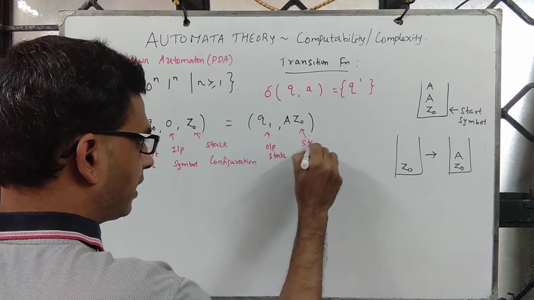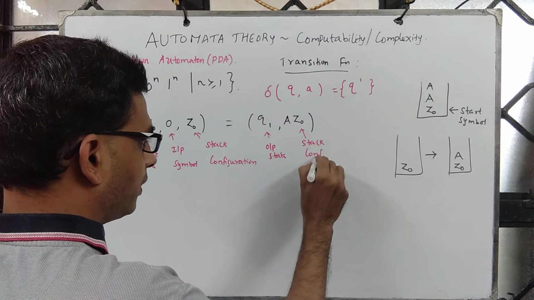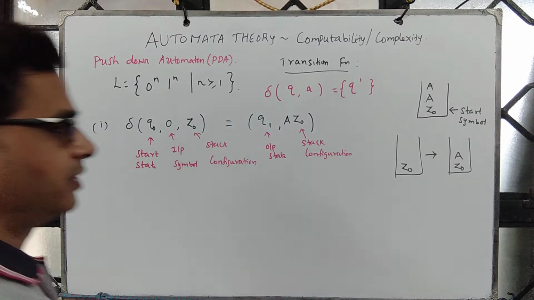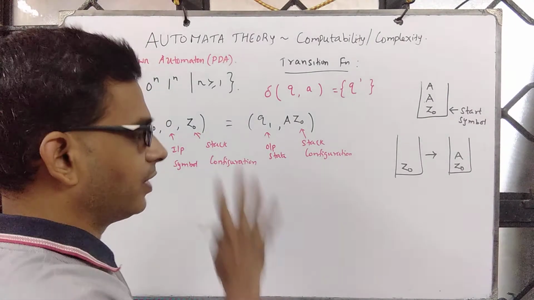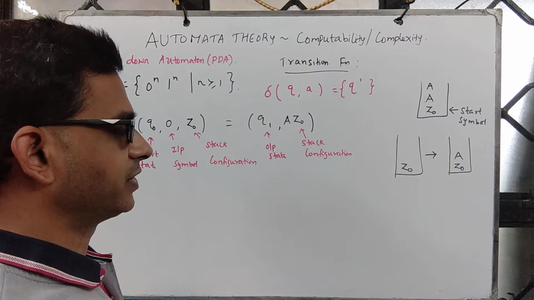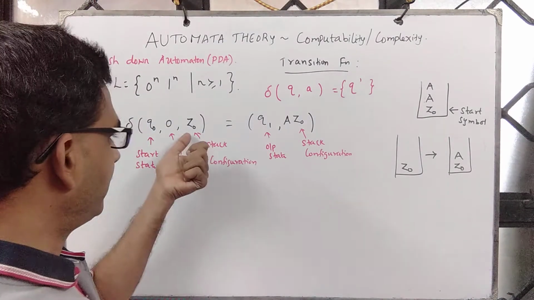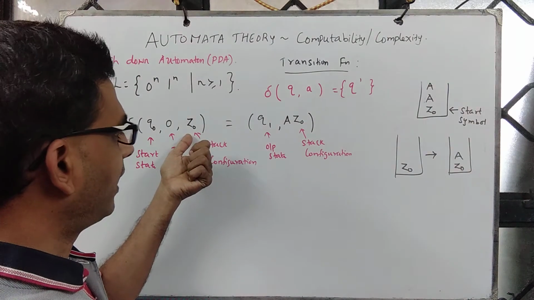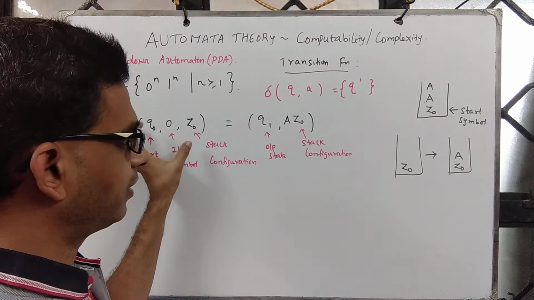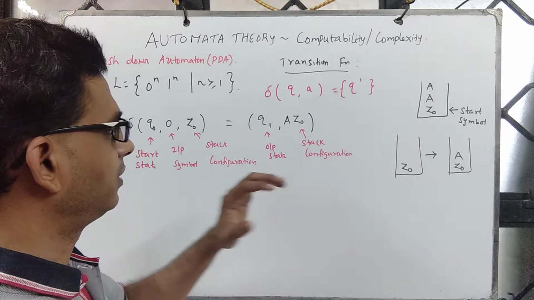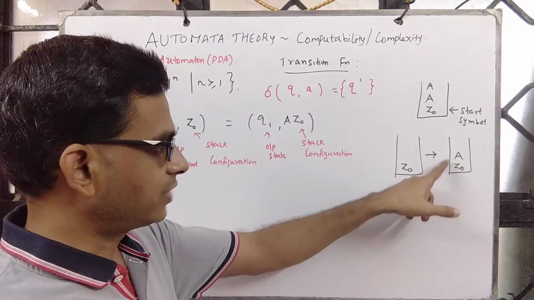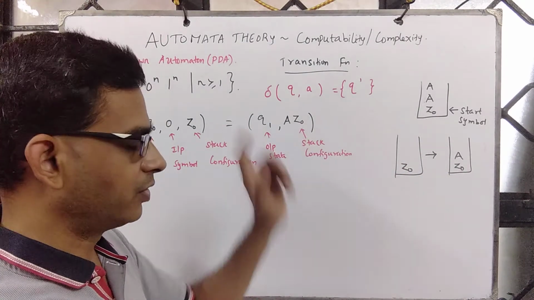Then the stack configuration. If you look at the description, this is how it will be for all of the transition function: we look at the top symbol and what happens to the stack configuration after we move from this configuration. So we move to a state called Q1, then we push A, represented as A Z0.